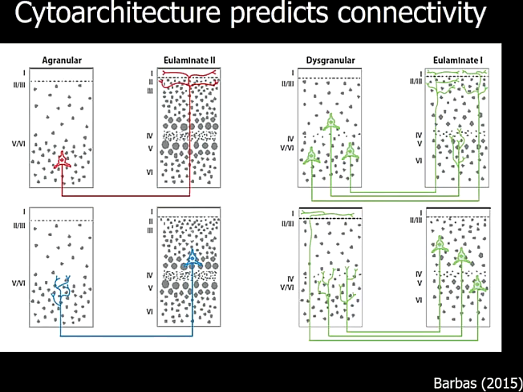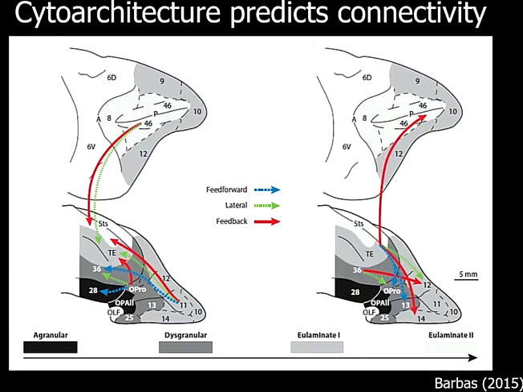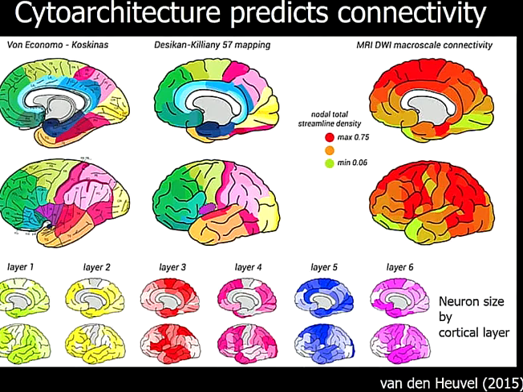And that relates very well with areas of a more complex laminar structure showing these feed-forward projections to areas of a less complex laminar structure. And the model that they came up with really well predicted the connectivity of these areas. So there is a relationship at the cytoarchitectural and tract tracing level between those two types of parcellation, potentially.